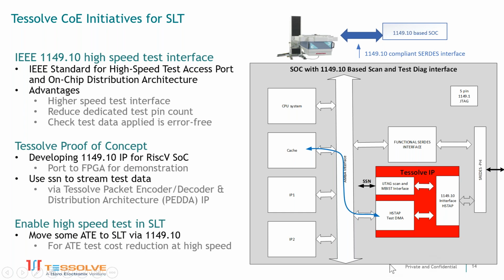But from a chiplet perspective, what's the potential interest here for chiplets? One, and this is maybe a good point for discussion, is that if we do put 1149.10 onto the IP, then we could do high-speed structural test in the chiplets as well.